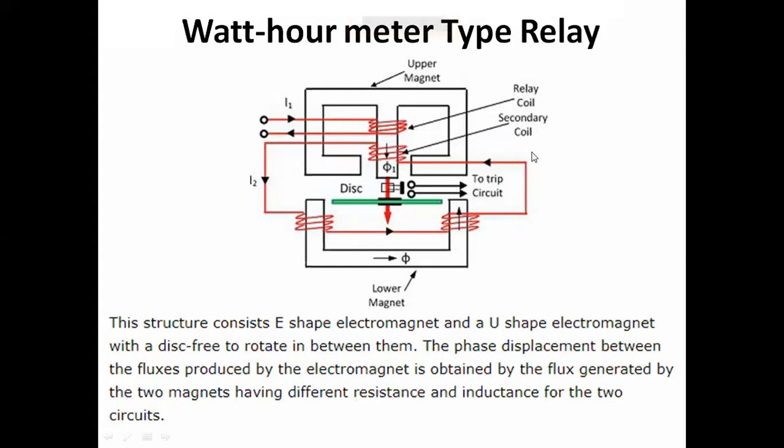Here also we produce a phase angle difference between two fluxes, and depending on that, this induction disc will rotate and the relay will operate. So this is the structure of the watt-hour meter type relay. I will explain the shaded pole and watt-hour meter in detail. Okay, so I'm leaving this now.